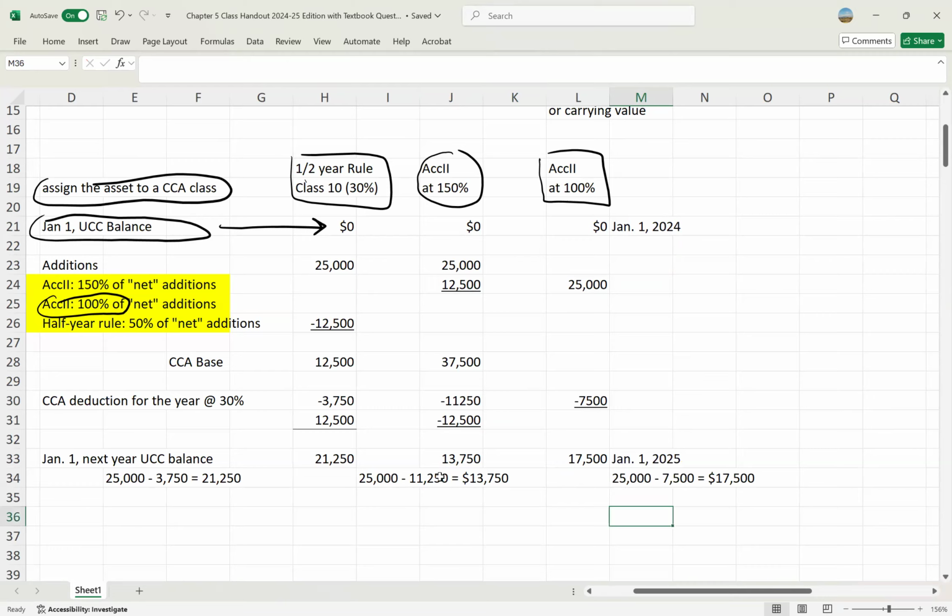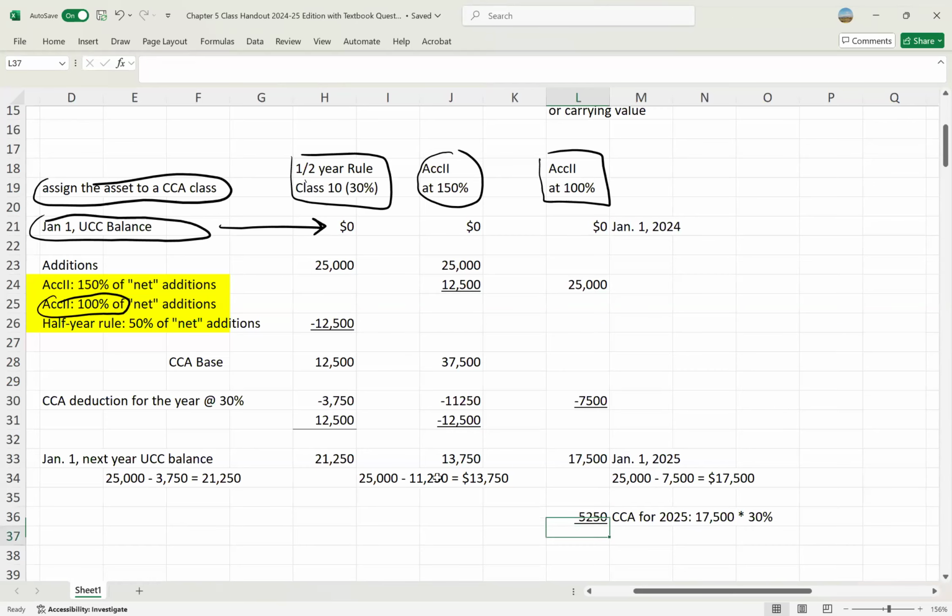So then in 2025, the CCA for 2025, if we don't have any new additions, will basically be 17,500 times 30%. And so the CCA that we get to take will be 5,250.